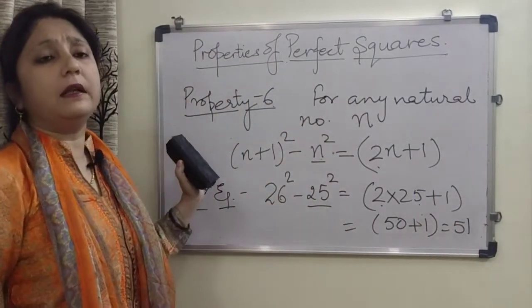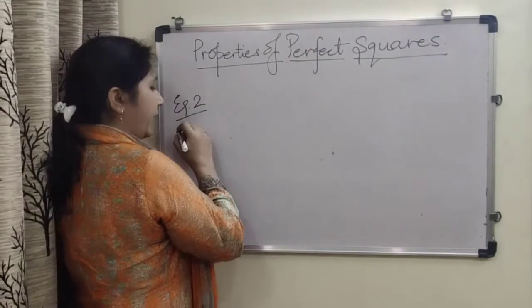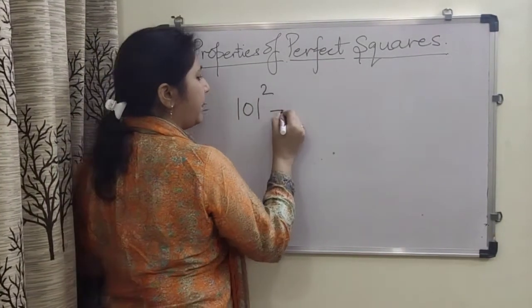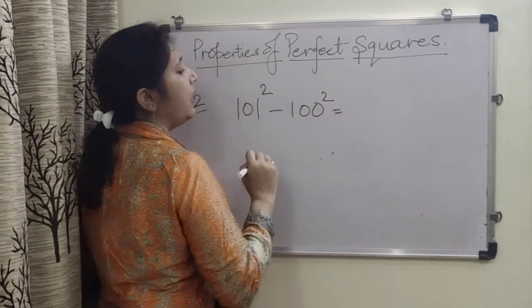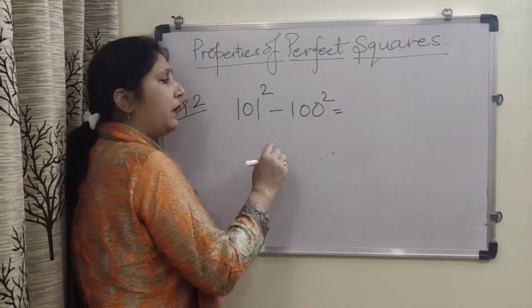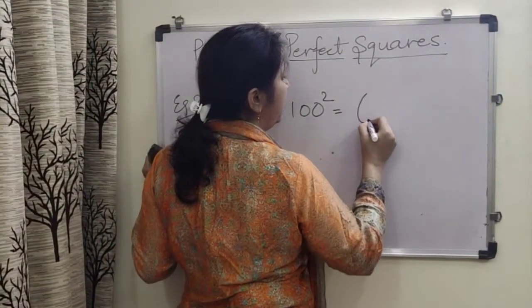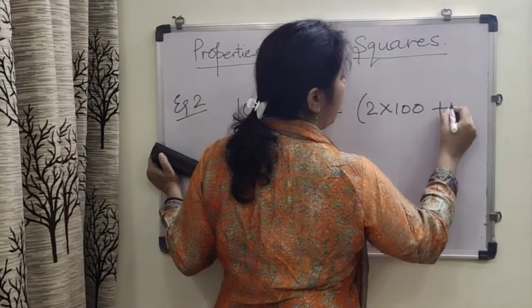Let's take another example. Say example 2. Suppose we have to find 101 square minus 100 square. What we will do? n is your smaller number. So according to the property, what we will do? 2 into 100 plus 1.